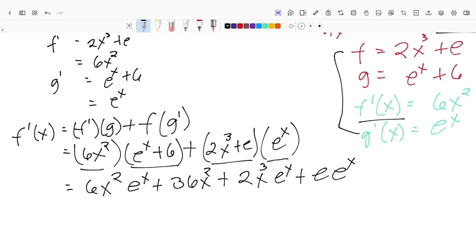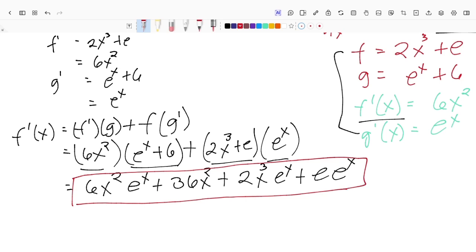There we have it. We have our first derivative of the function.